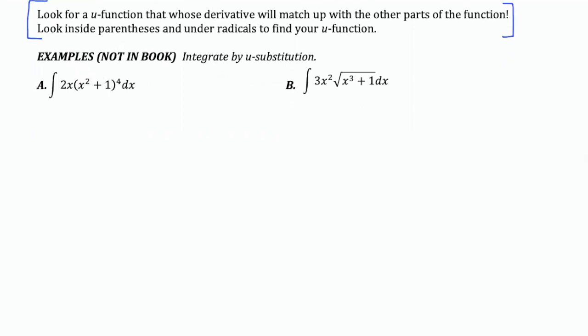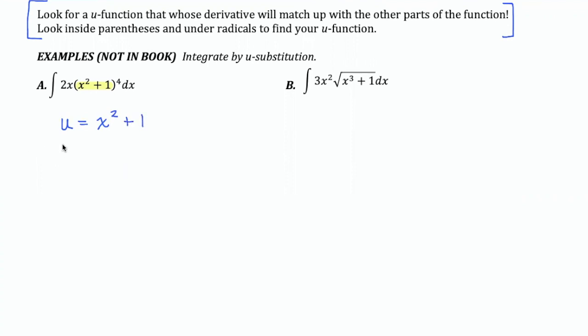And so right away, you want to focus on the function inside the parentheses, which is what this second helpful hint was telling you. It says, look for a u function whose derivative will match up with other parts of the function. So I'm going to take what's in the parentheses and call that my u function simply by putting a u on one side and letting u equal the stuff inside the function.